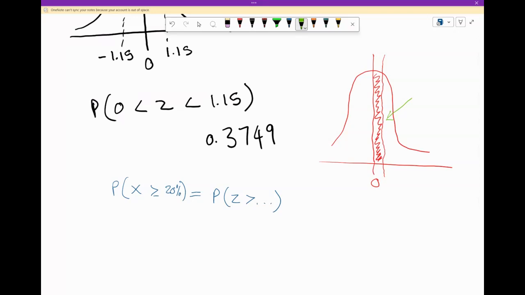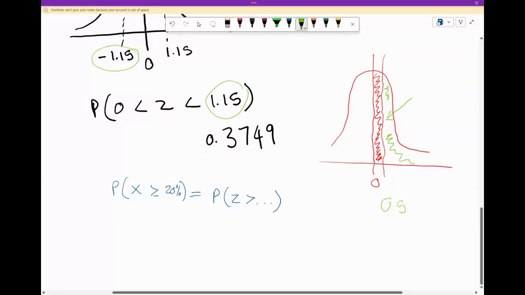Before, we were minusing 0.5 to get this green part. But now, remember, we had a negative z-score, and we said we're just going to use the positive version because they're symmetric. So we can't minus. We have to do the opposite. We then have to add.